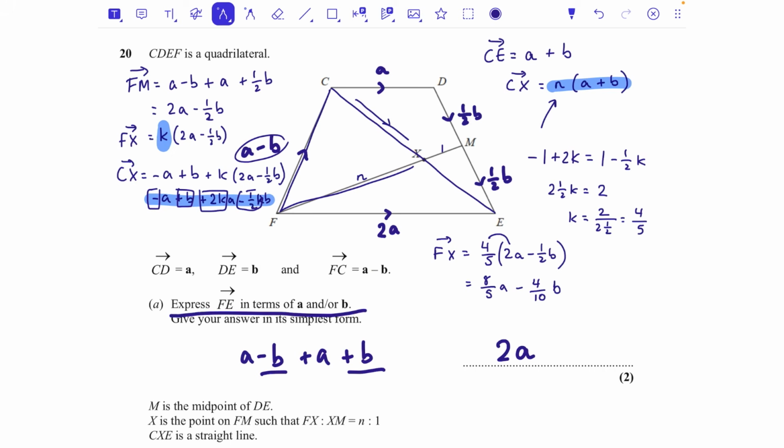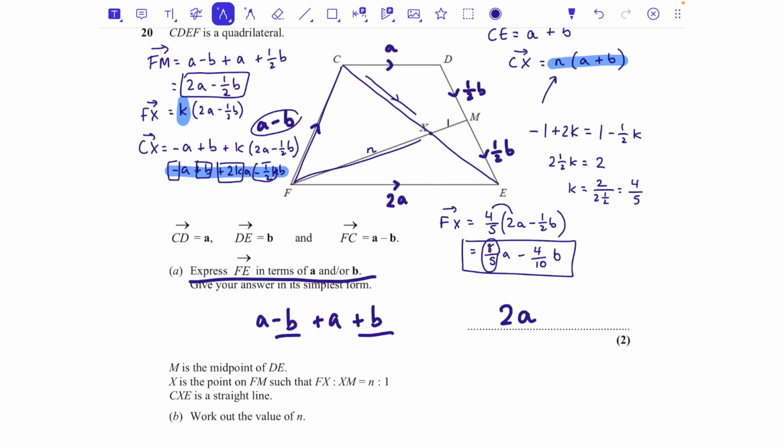Now what I need to do is compare this to F to M, which is the whole way along this. If I know that F to X is 8/5, and I know that to get from F to M, I'm just looking at the A term because it's just the easiest thing to do, F to M was 2A, then X to M, the rest of that line, must be the rest, okay?